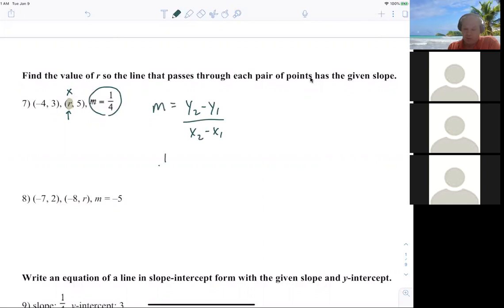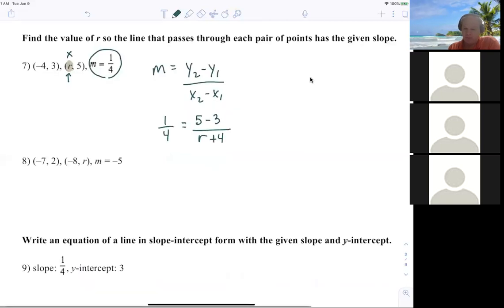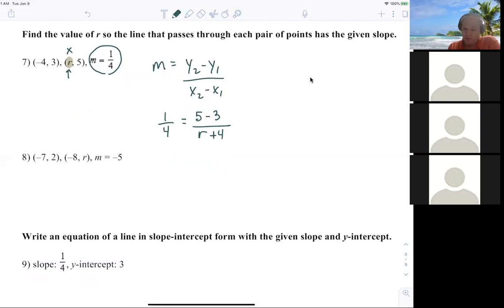In this case, the slope is 1/4, and so that would be 5 minus 3 over r minus -4, which is +4. Now if we simplify that, 5 minus 3 is 2. So 2 over r plus 4 is equal to 1/4. Now, of course, we just cross multiply. R plus 4 times 1 is equal to 8. So the r value, or the x coordinate, was 4. Does anybody have any questions with that one?